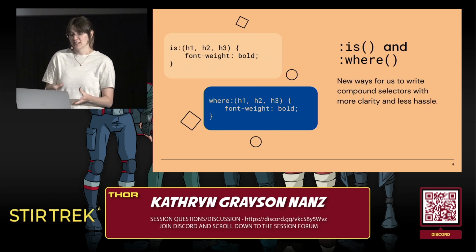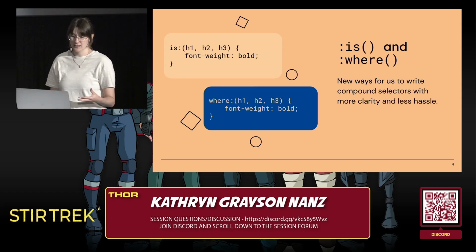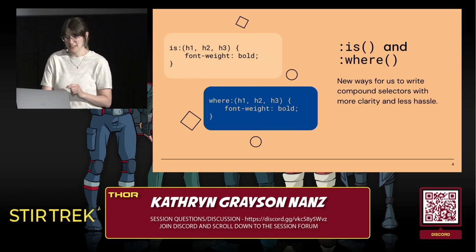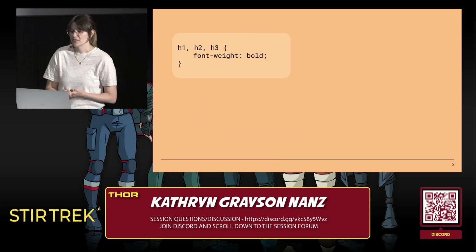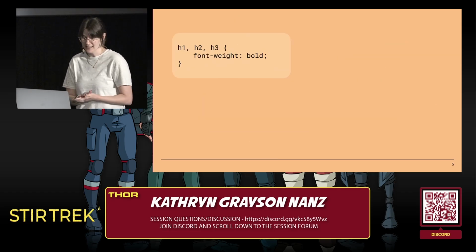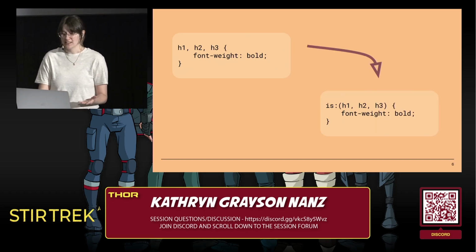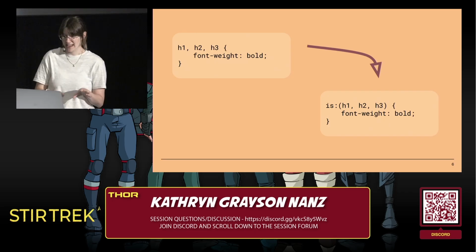This is especially useful when we want to do things like apply the same color across all of our text or zero out the defaults on lots of different base elements. For a long time, the way we did this was using comma-separated lists like this. Now we can use is or where to do the same thing with actually a very similar syntax.